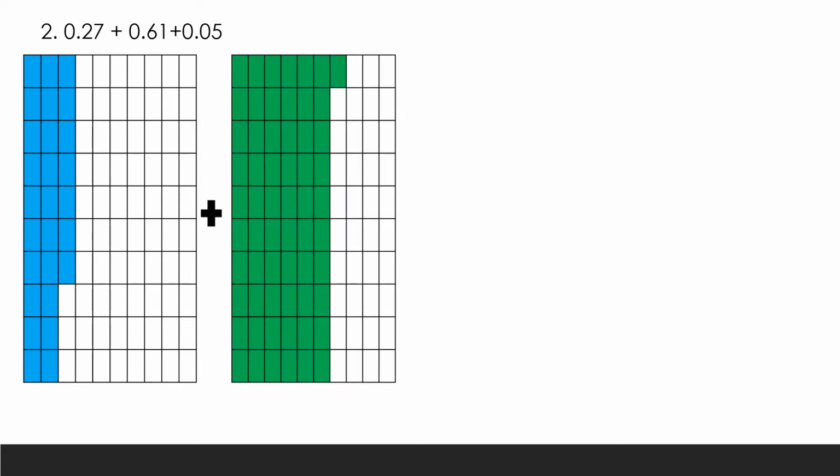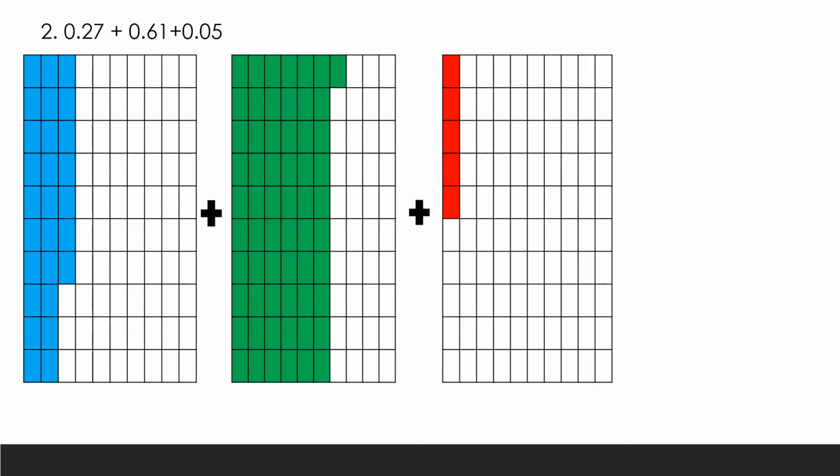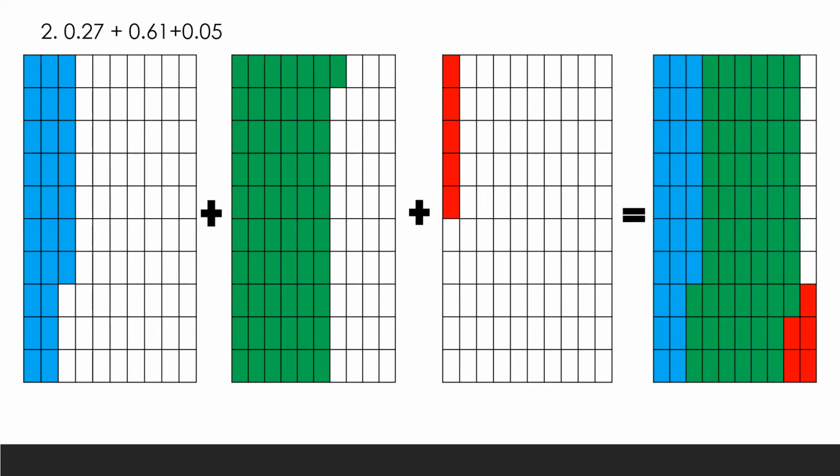Plus 61 hundredths. So, 61 yung ating shaded part. Plus 5 hundredths. Ayan yung 5 hundredths. So, to get the sum, we have 10, 20, 30, 40, 50, 60, 70, 80, 93 hundredths.